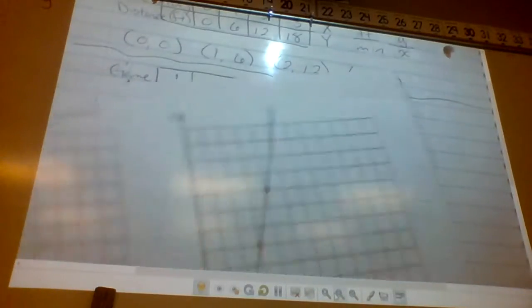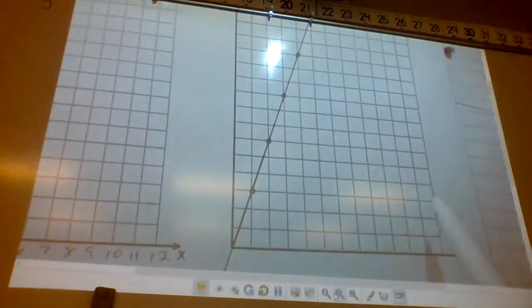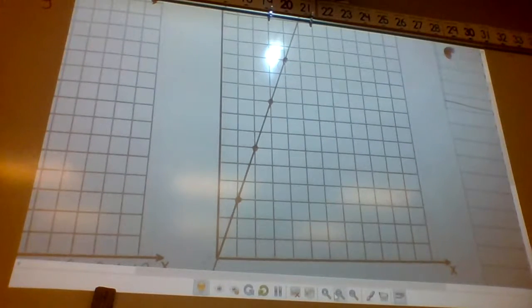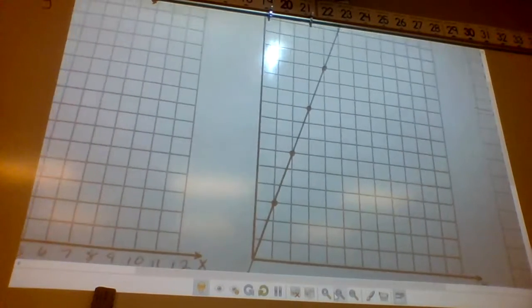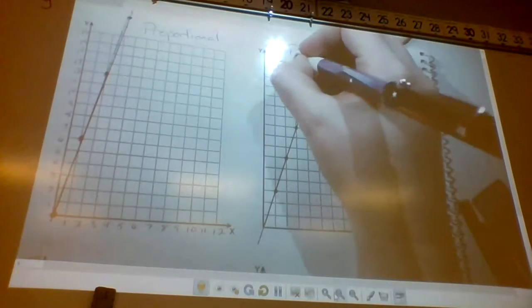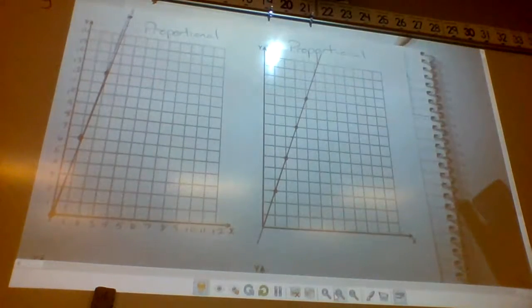I want you to go past the dots. I want the line you draw to touch the edge of this quadrant in 2 different spots. Okay? Guess what? This one. It's proportional.